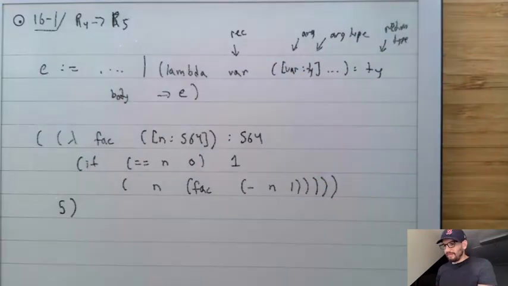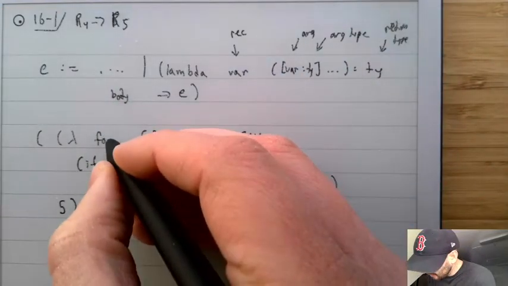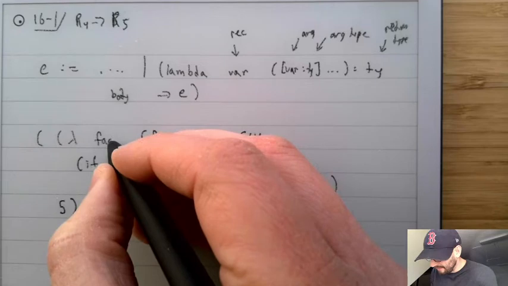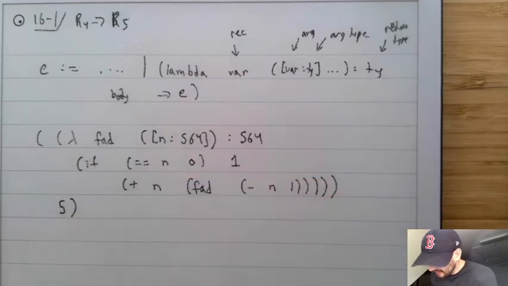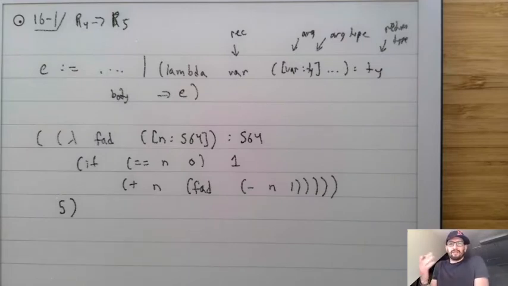Let's have it not be the factorial function, let's call it the fad function. The fad function has an addition there, so it's like an addition version of factorial. You give it 5, and it does 5 plus 4 plus 3 plus 2 plus 1. So this is the example function.